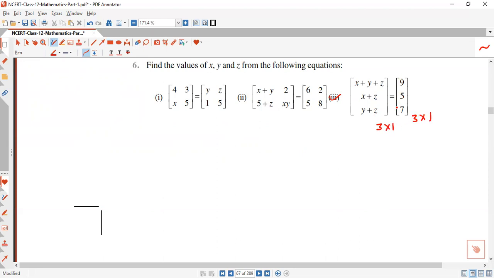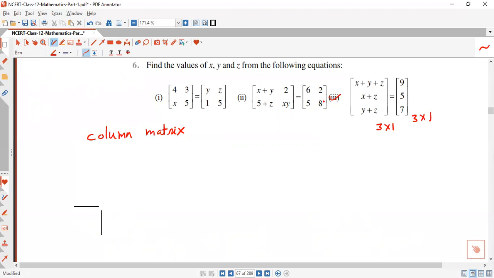Since there is only 1 column, this matrix is known as a column matrix. If any matrix contains only 1 column, it's known as a column matrix.